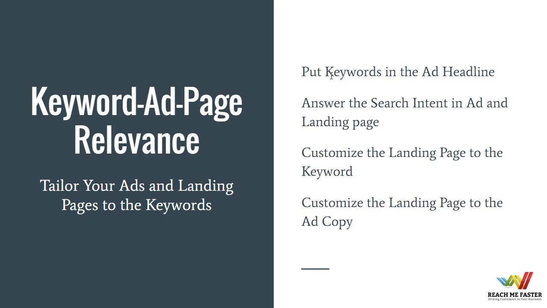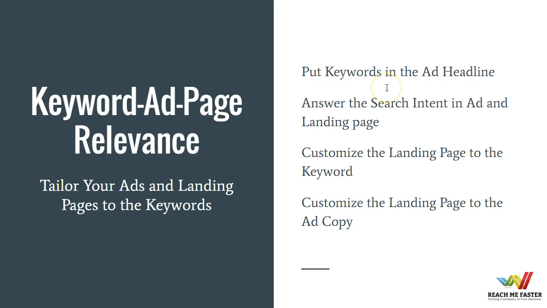and therefore relevance becomes a big point of success, a big requirement for successful Google advertising, that your keyword, ad and the landing page are all aligned, all supplementing and complementing each other. Otherwise you will have a poor conversion rate.